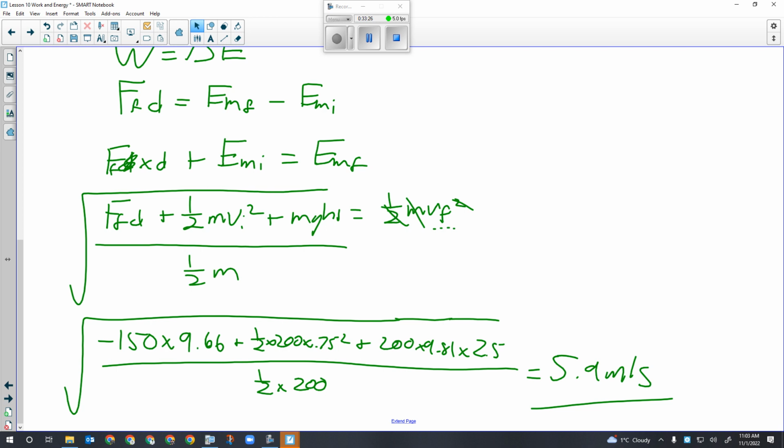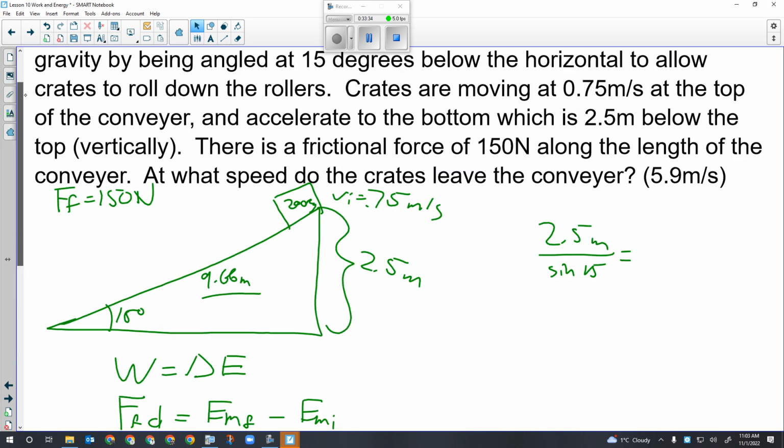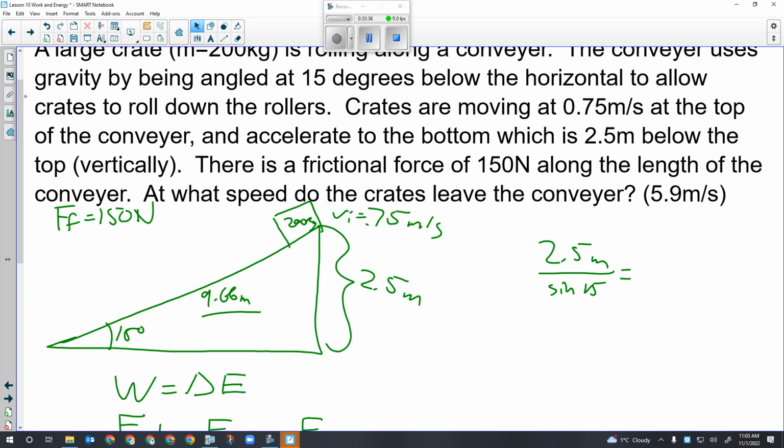All right, was there another way to do this? Yes, there was another way to do this. If I started this out as a Newton's second law problem, I would draw FF this way, F parallel this way, and start calculating, because now I've got a whole bunch of things to calculate.